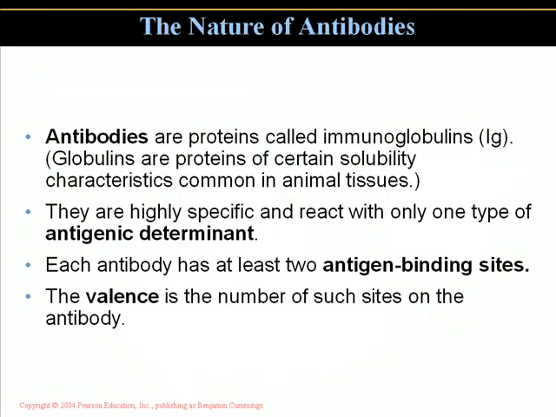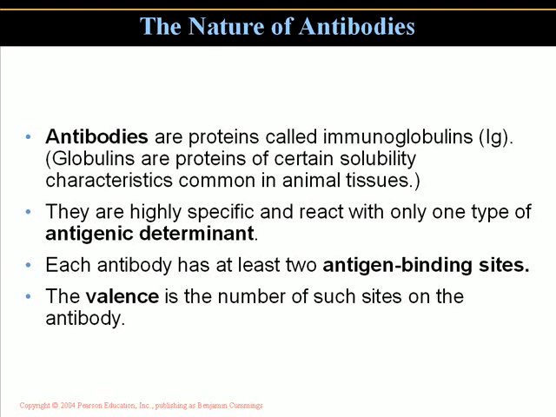Now, antibodies are basically proteins. They're called immunoglobulins, Igs. Globulins are proteins that have a certain solubility characteristics common in animal tissue. They are highly specific and will react typically to only one type of antigenic determinant. Now, for the purposes of this course, that's a true statement.